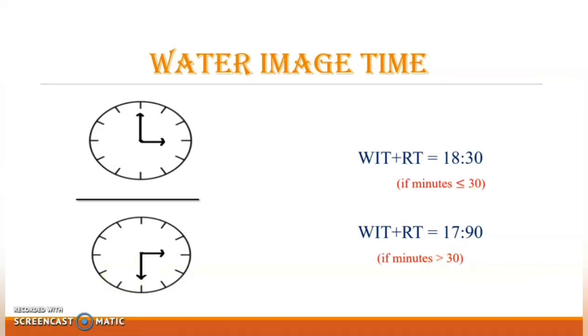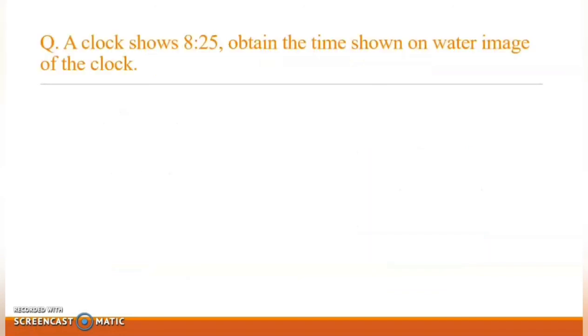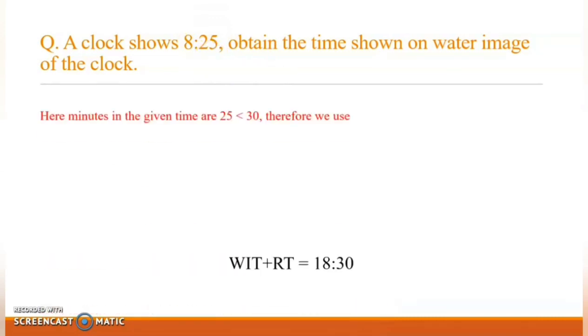Let's see some problems on this. The clock shows 25 minutes past 8 and we are supposed to find the water image time, or the time that is shown by its water image. Here, the minutes shown in the real time are less than 30. Therefore, we use the first formula.